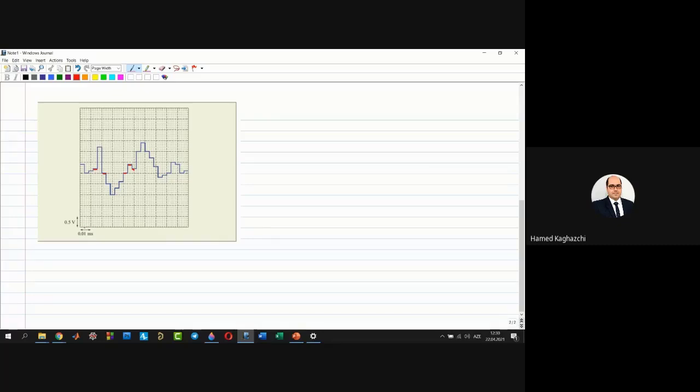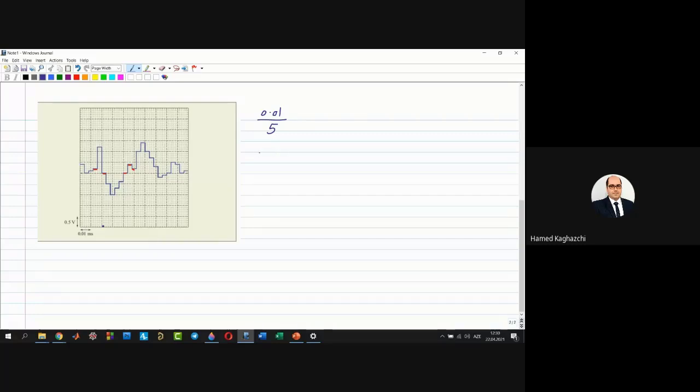Now, how can I find it? The large division value is 0.01 milliseconds. It means that to find the value of a small division, I divide it by 5. 0.01 divided by 5.